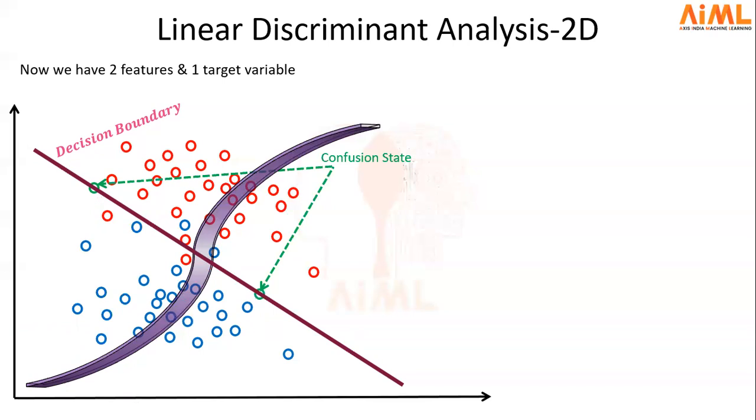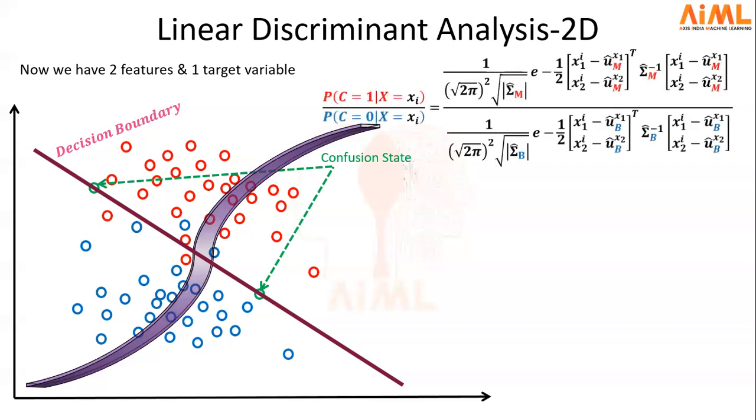Now, guys, let's talk about the major question: what will be the equation of this decision boundary? Well, it looks like a difficult question, but that's a very easy question. You know how we are going to get the equation of the decision boundary, and you know this equation where we took the ratio of two posteriors.